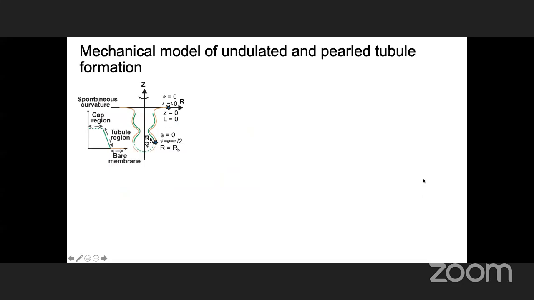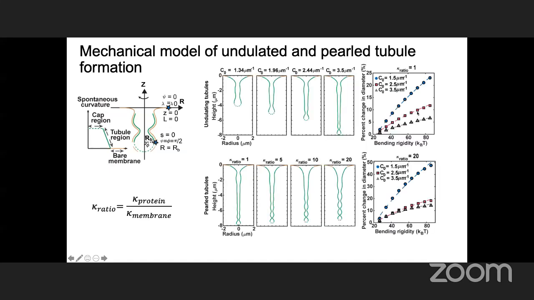To examine this idea, we developed a continuum mechanical model in the presence of LLPS, in which a compressive stress is applied to one leaflet of the lipid bilayer. The model is based on a Helfrich framework, and the simulation result shows the tubule shape transition with different spontaneous curvature and rigidity.